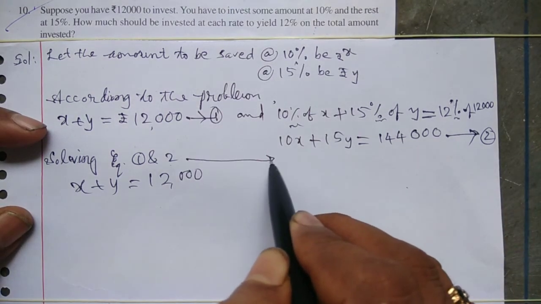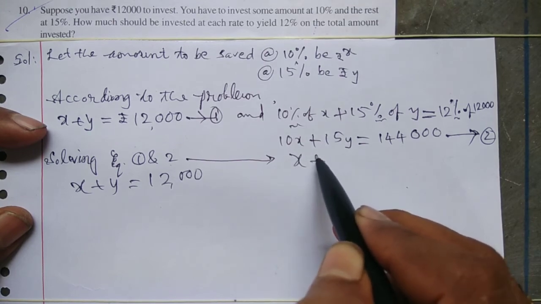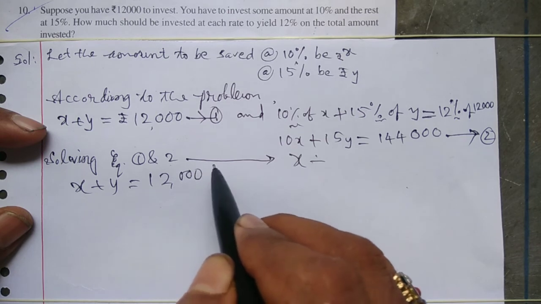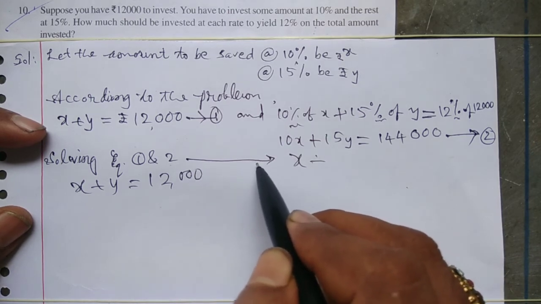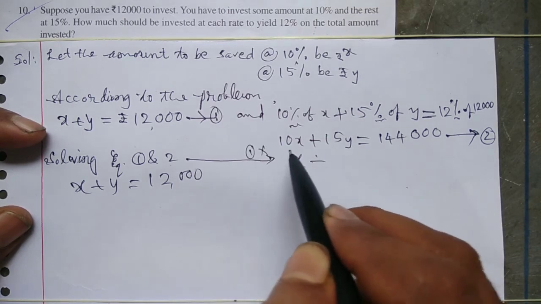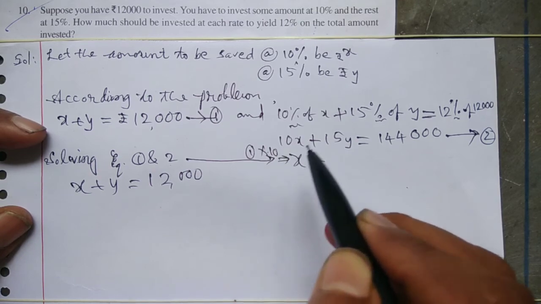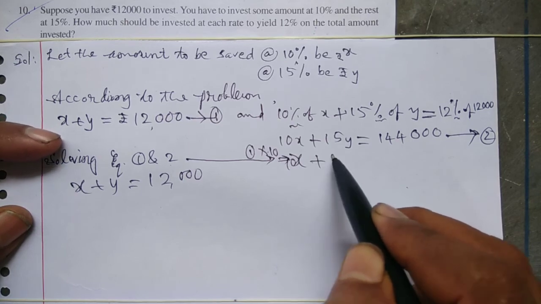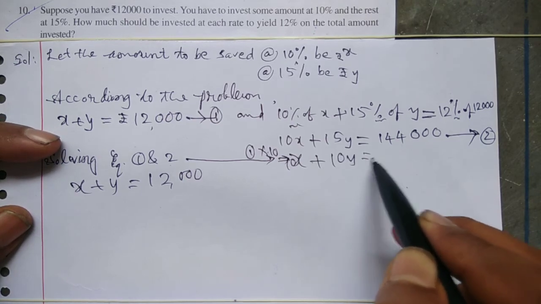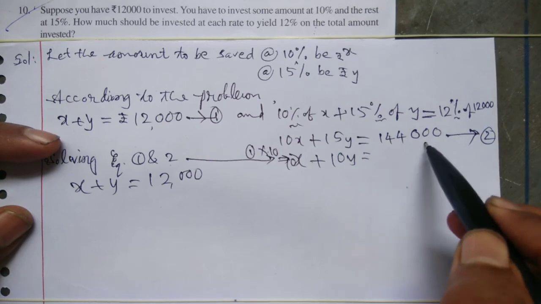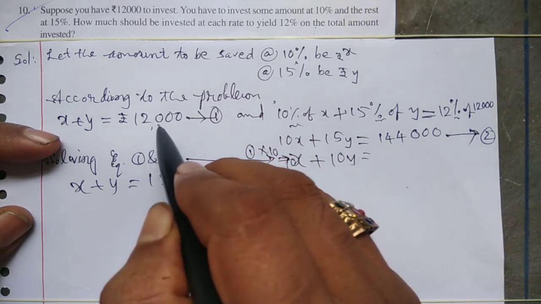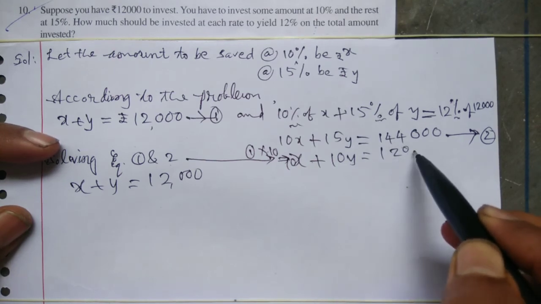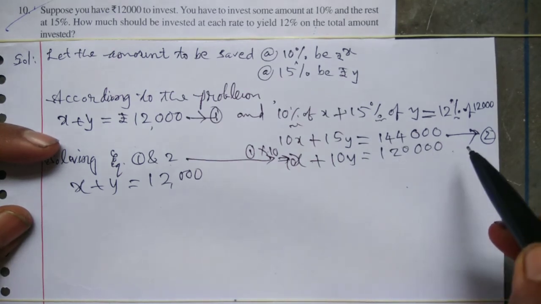Here I can multiply equation 1 by 10, and we get 10x plus 10y is equal to 1,20,000.